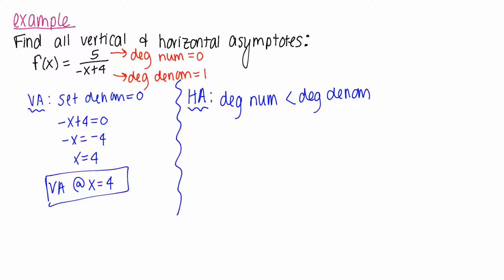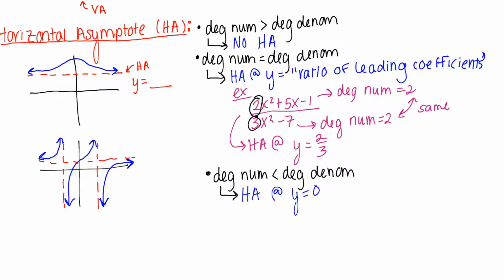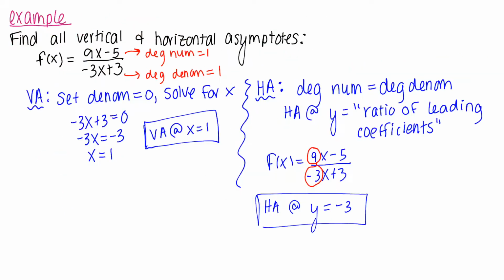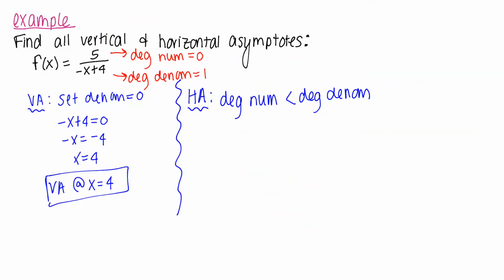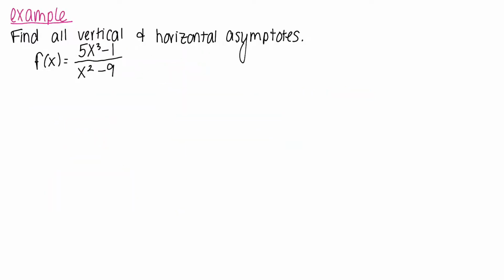If we go back to our handy-dandy cheat sheet, if the degree of the numerator is less than the degree of the denominator, there's a horizontal asymptote at y equals 0. And that's that.